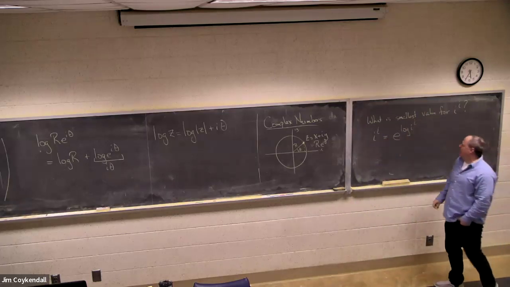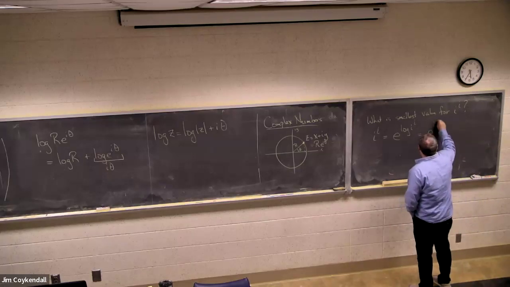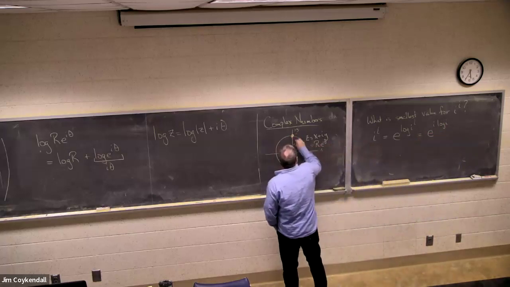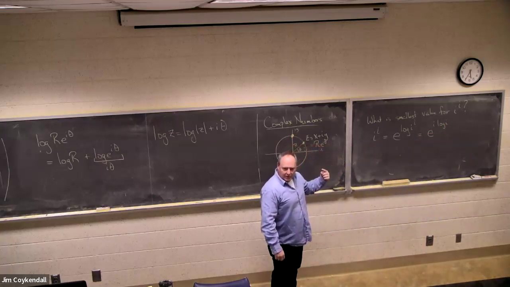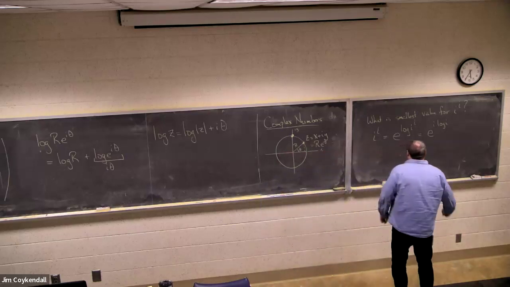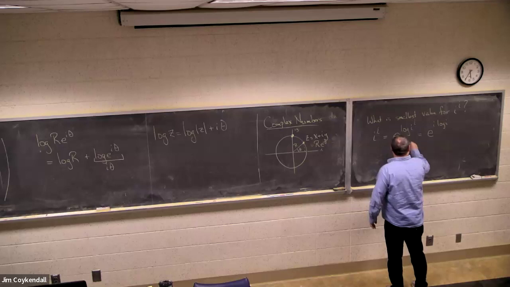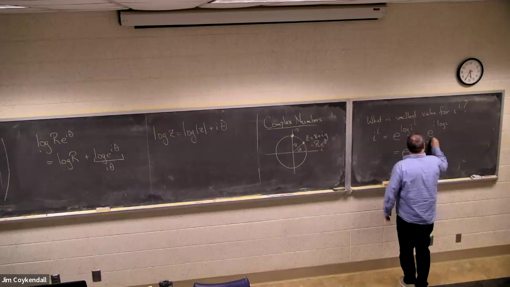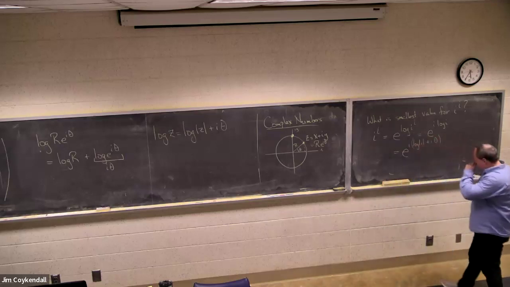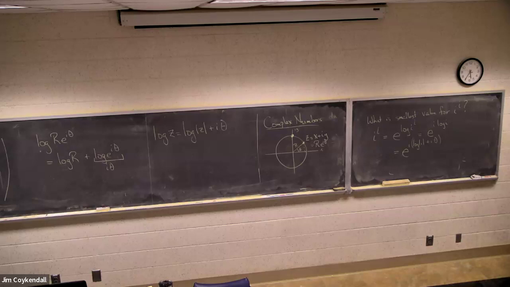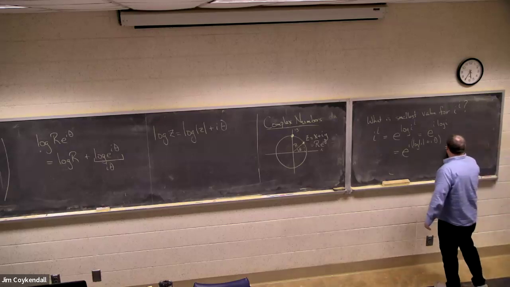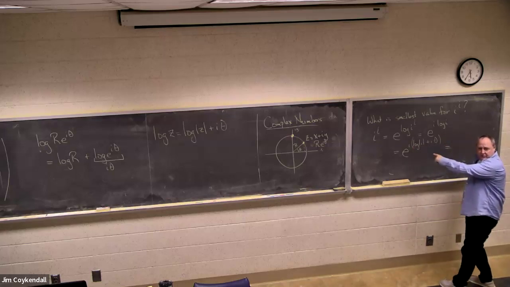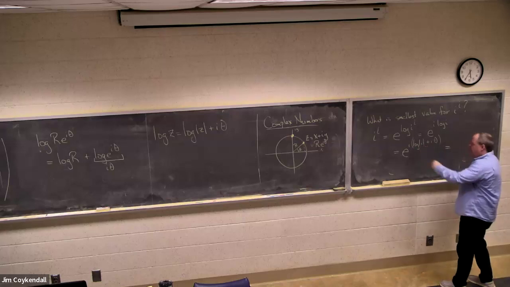So let's try to wrap our heads around this. Now, where's i in the complex plane? It's 1 unit away and it's at the angle of pi over 2, plus any 2 pi k. So the log of the absolute value of i is 0, right? Because the length of that is 1.